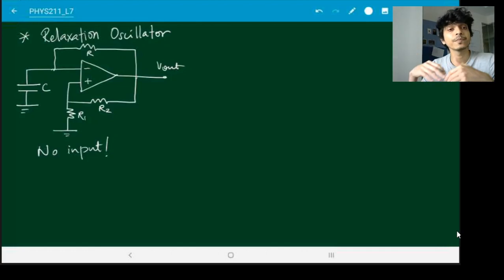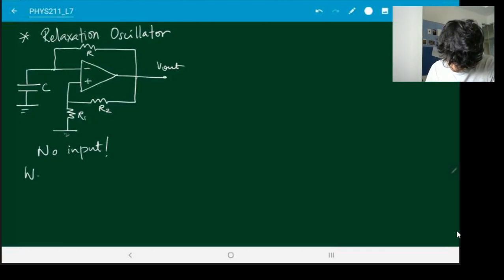Those are waveform converters because they take in an input waveform and then convert it into some output waveform, which could be different. This is not like that. This is a waveform generator. Without taking any input, it just generates its own kind of oscillating wave. So this is a waveform generator, not a waveform converter.